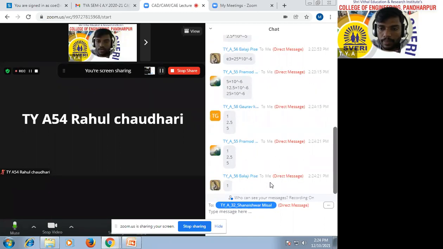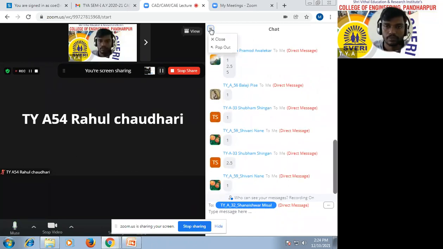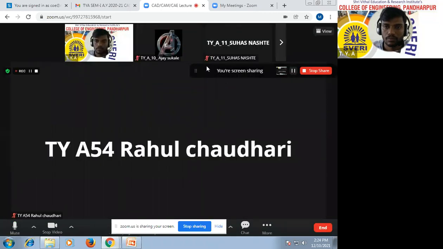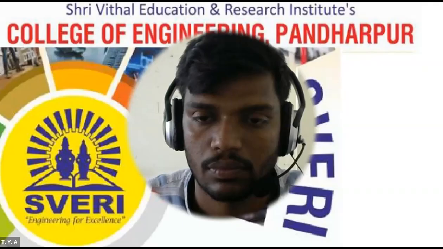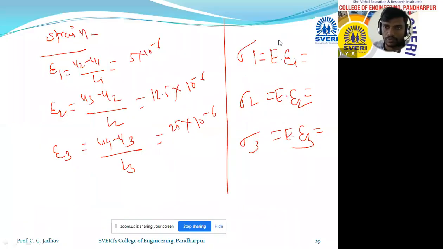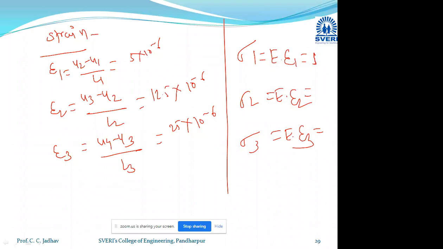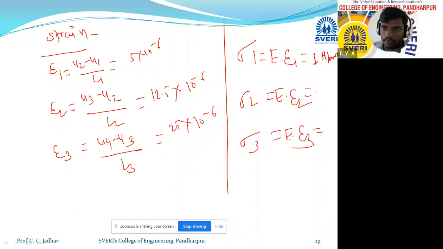The stress at the first point, element 1, is 1 Newton per mm square, second is 2.5 Newton per mm square, and third is 5 Newton per mm square. Thank you Shubham, thank you Balaji.